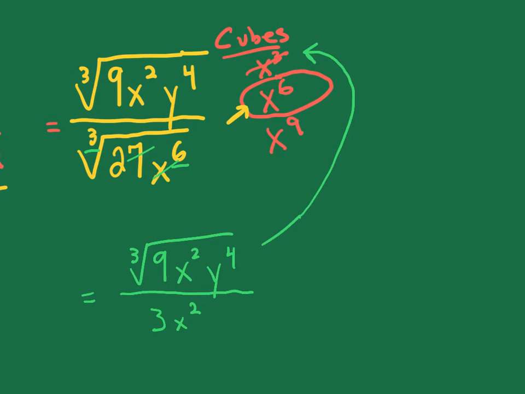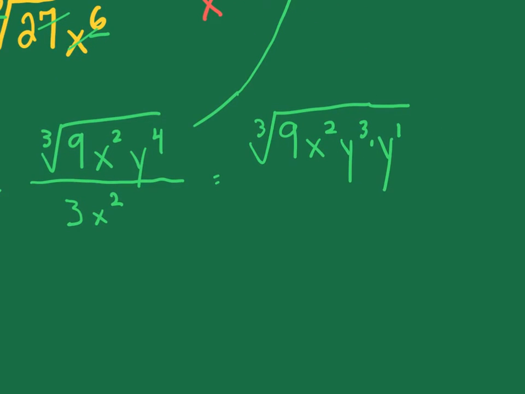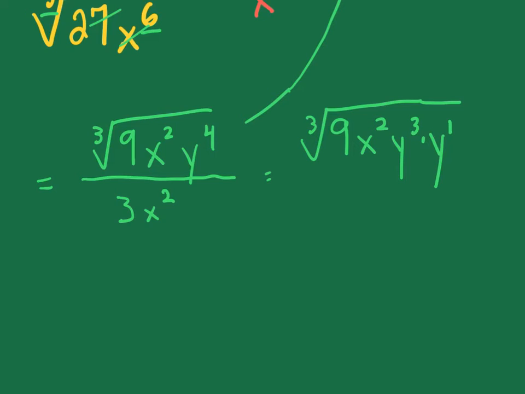X to the third is our first variable cube, and you can't get x to the third from x squared, but with the y to the fourth, you could write that as y to the third times y to the first. Three x squared still on the bottom.